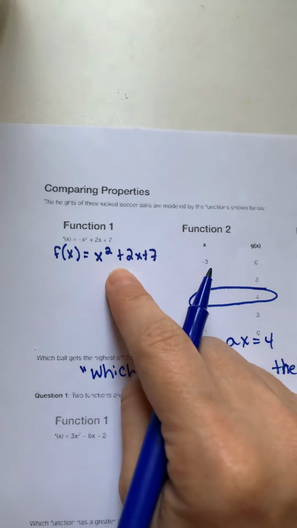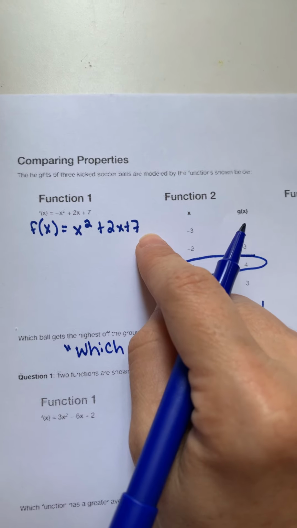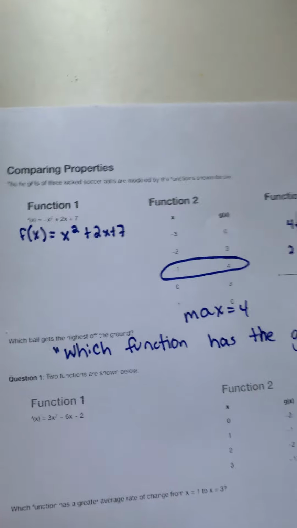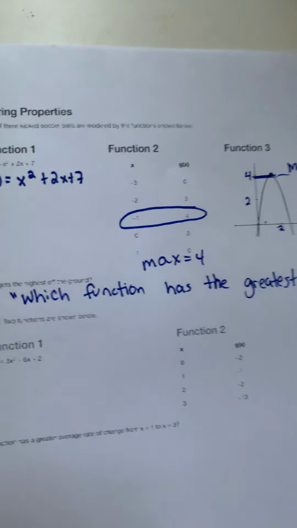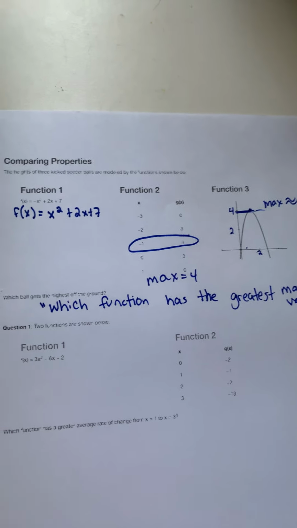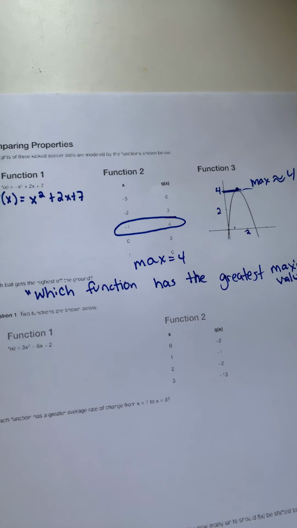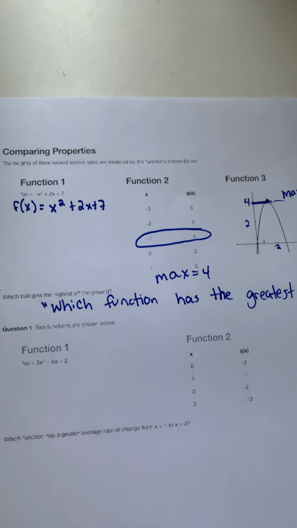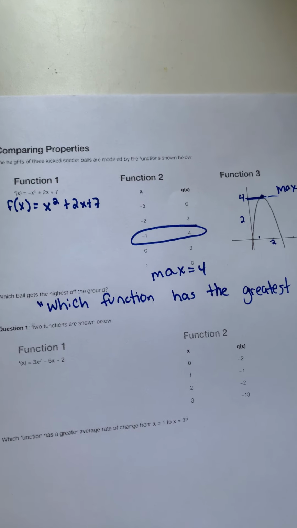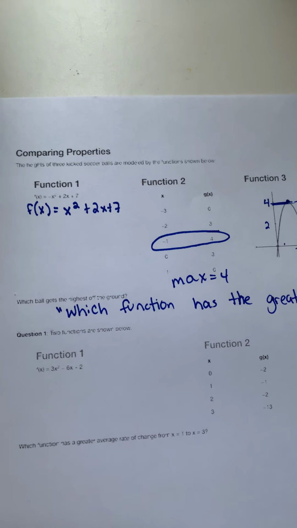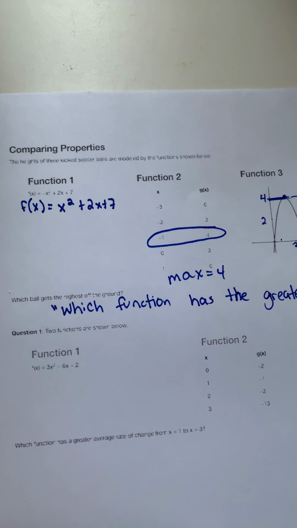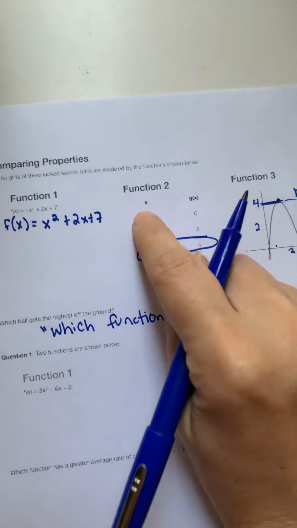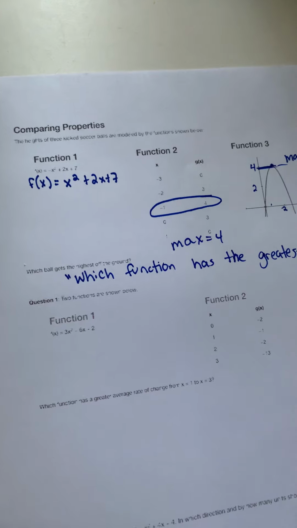And then I have this one here, x squared plus 2x plus 7. I can't just look at this and know what the vertex is when it's written in standard form. And we haven't really learned how to write them from standard to vertex form yet.